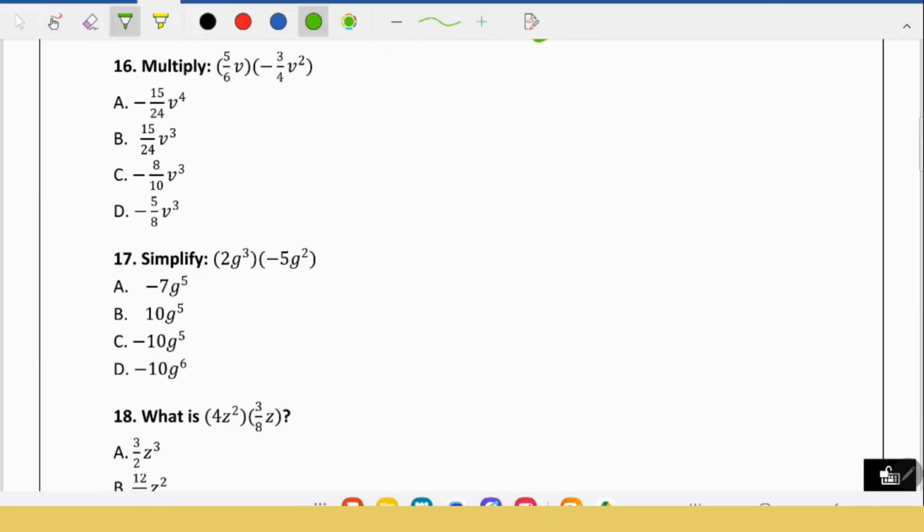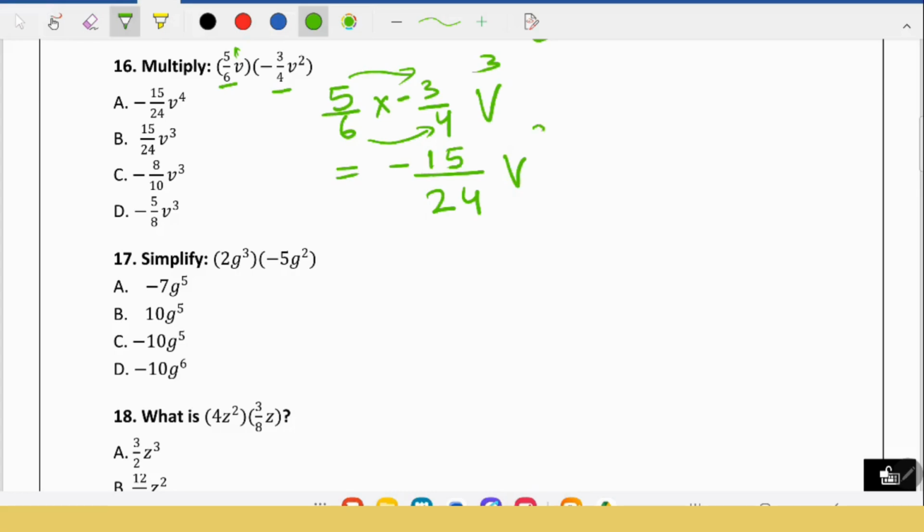Number 16, 5 over 6v times negative 3 over 4v square. Multiply the coefficient first, 5 over 6 times negative 3 over 4. V1 and v square, which is v cube. And we multiply the numerators as well as denominators. Negative 15 over 24v cube.